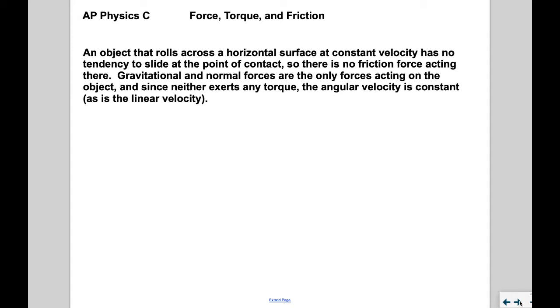Now, an object that rolls across a horizontal surface at a constant velocity has no tendency to want to slide at the point of contact, so there's no friction force acting there.